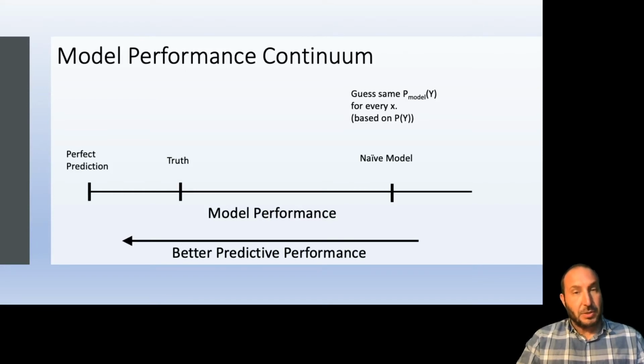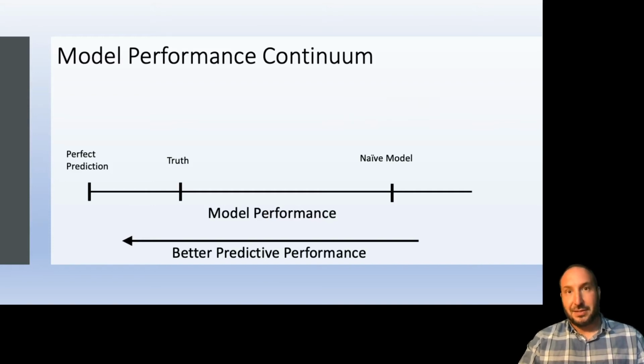Well, then all you could do is say, I'm going to guess their probability of defaulting on the loan is 10% because you don't know anything else about them. So that would be a naive model. You know the relative distribution of y, but you don't know anything about how x relates to y.